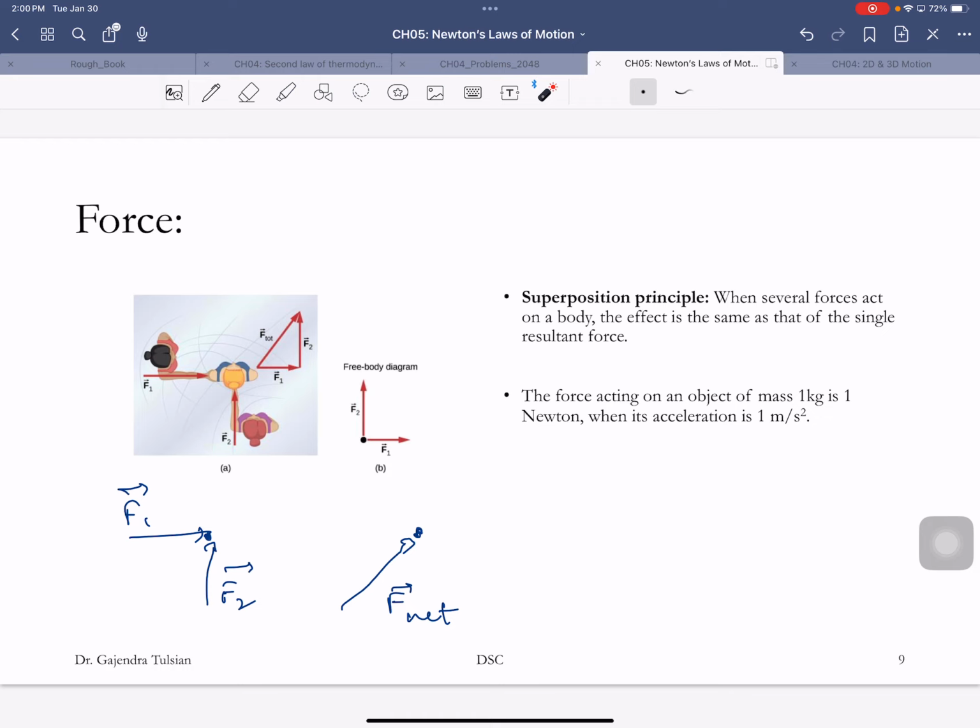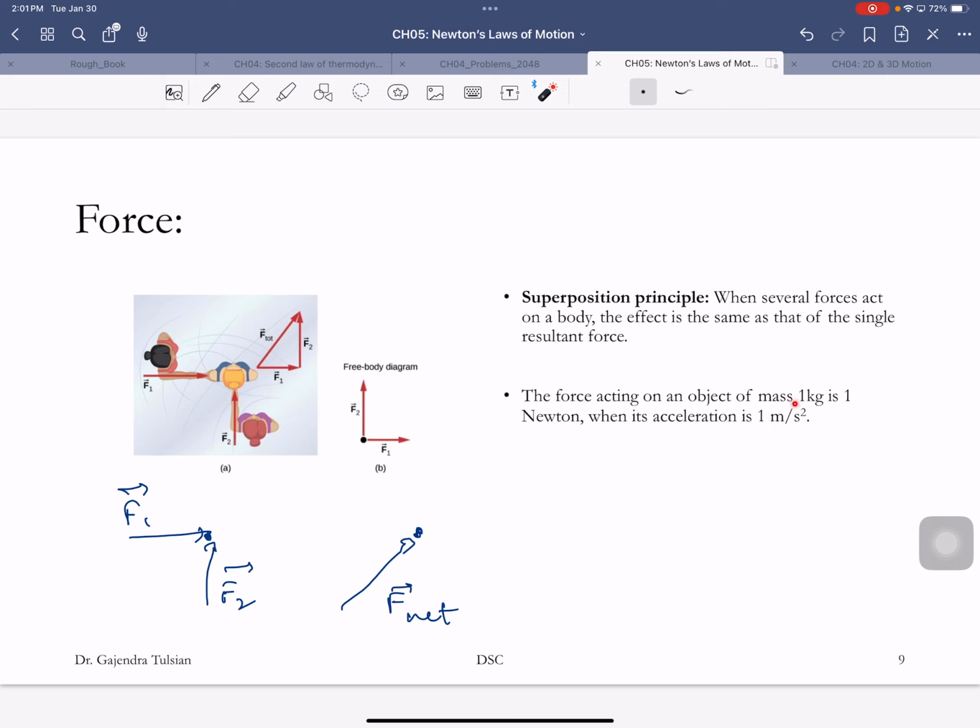So when several forces act on a body, the effect is the same as that of a single resultant force. If you're looking at just the motion of this object, you can't tell if there's this single force acting on it, or a million forces whose sum is equal to that acting on it. That's the superposition principle.